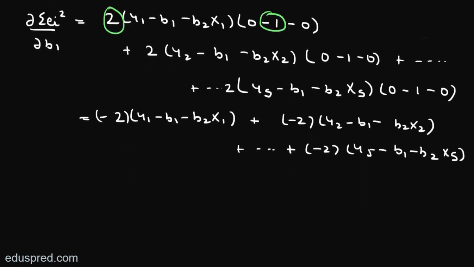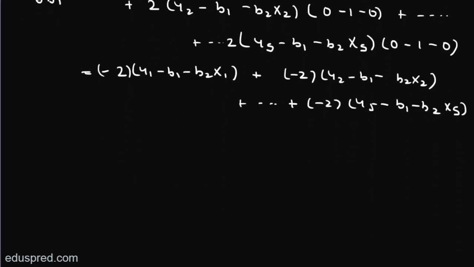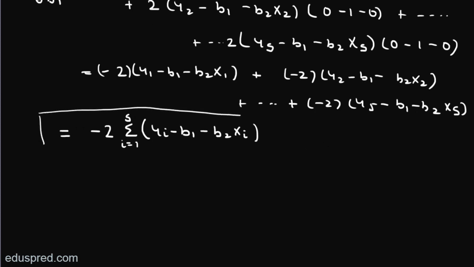Now I can just write this expression in a short form. Have a look at this expression. I can take minus 2 common from everywhere. And then it could be written as minus 2 summation (yi minus b1 minus b2 xi), where i varies from 1 to 5 in this case because n is equal to 5 here. So this is your first order condition. This is what you get when you differentiate summation ei square with respect to B1.